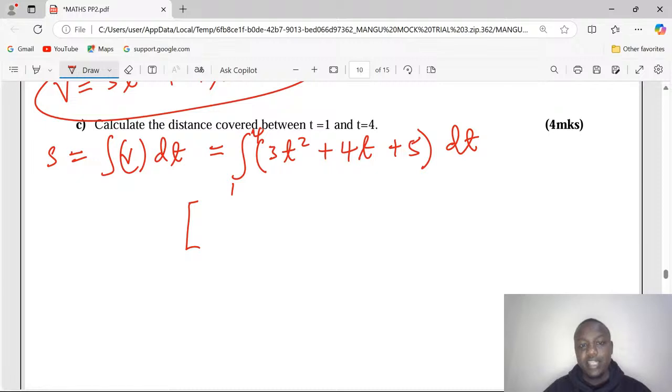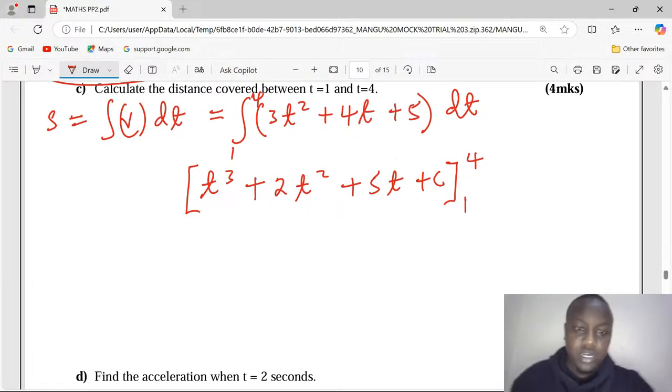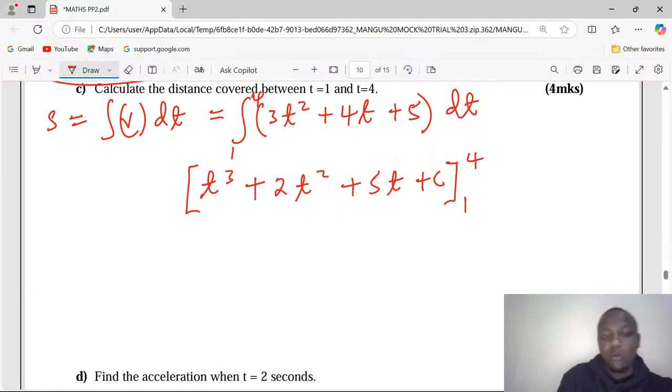Now we integrate. 3t squared becomes 3t to the power 3, because it's already squared, and the new power divides, so that t becomes t cubed. Then 4t becomes t squared, and the new power, which is 2, divides, so that we get 2t squared. Then 5, t is introduced, plus a constant for integration, from 1 to 4. Then we substitute 4 and 1.